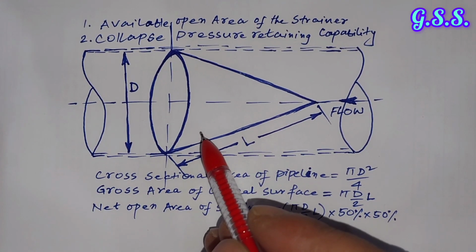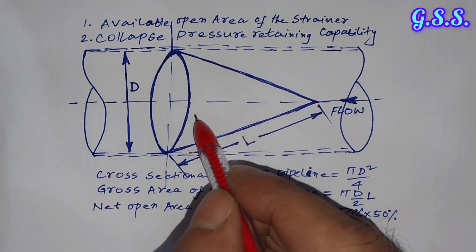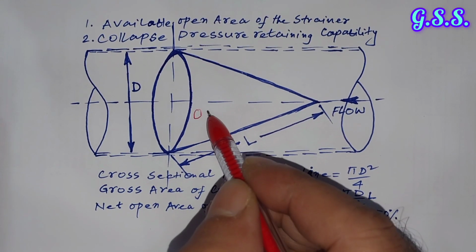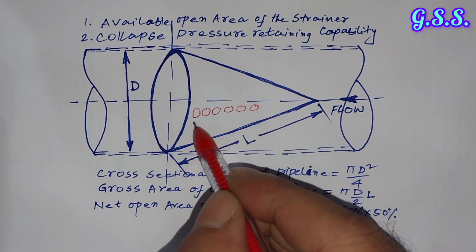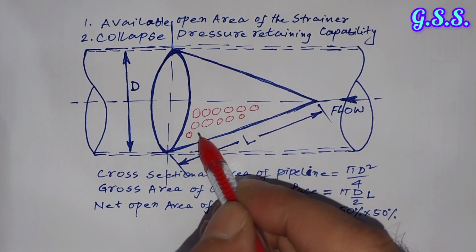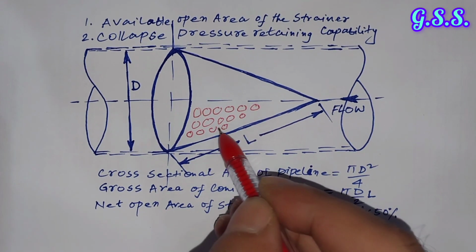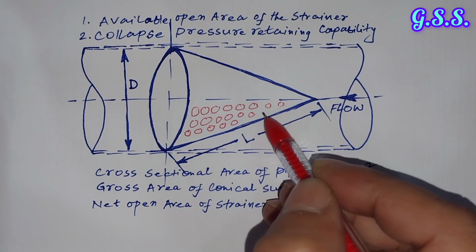Now, the conical strainer has two things. One is this perforated sheet. These are the perforations. This perforation means about 6 dia holes at 9 pitch, like this.